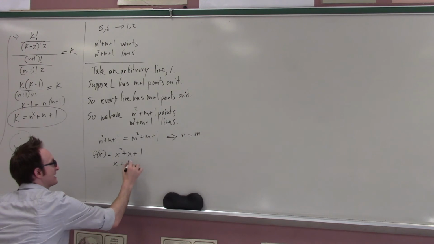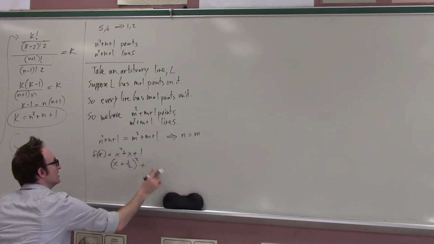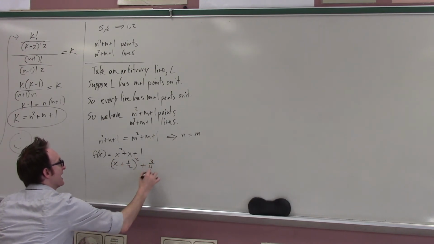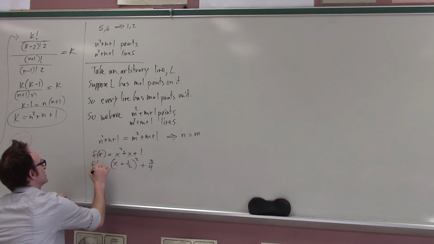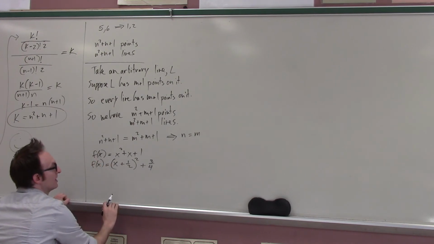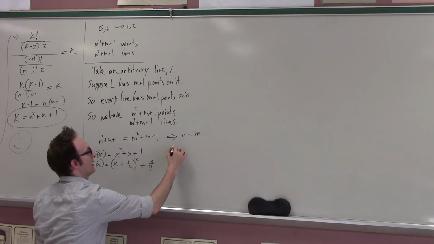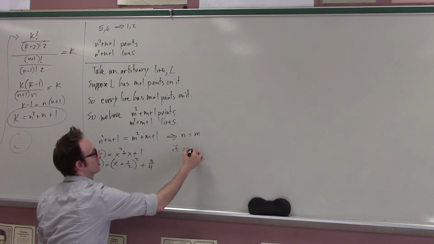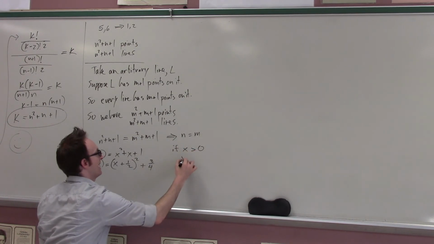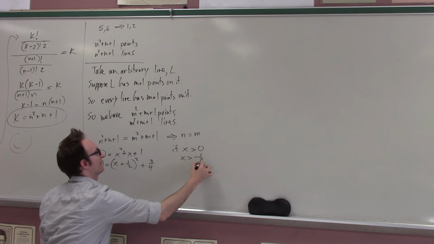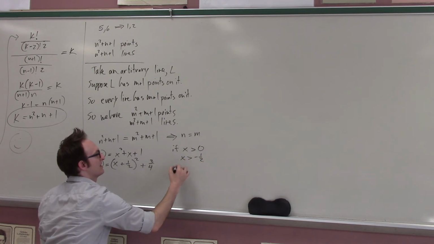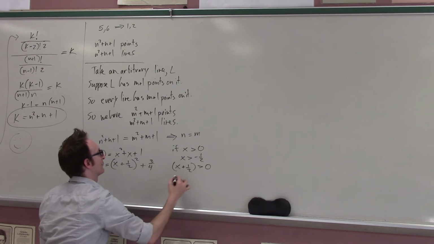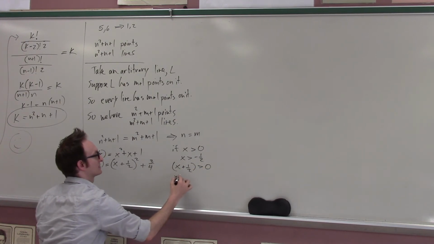This is x plus a half squared plus 3/4. And since that's true, I claim that if x is greater than 0, then x is greater than negative a half, which means that x plus a half is positive.